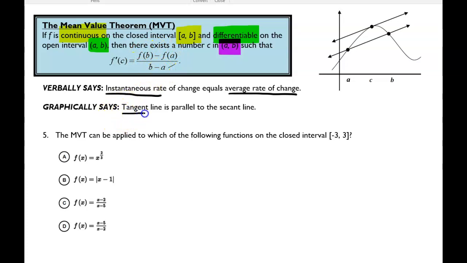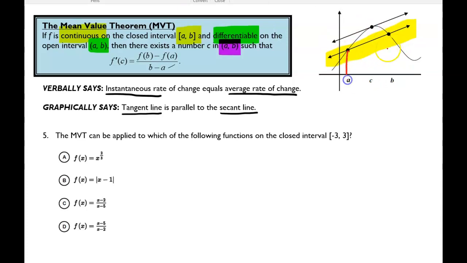Graphically, it says that our tangent line is parallel to the secant line. So all of this means at some point the instantaneous rate of change is equal to my average rate of change, and at some point my tangent line is parallel to my secant line. When we're talking about the secant line, I'm talking about the line between my endpoints, going from a to b.